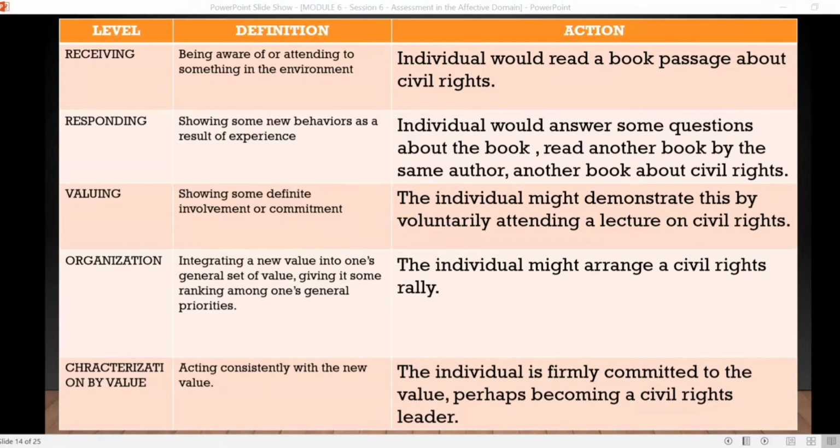Is that clear? That is one way of assessing the different levels. A test on values education, for example, is already the receiving level, awareness. It is different when they respond, different when they ask questions, different when they enact it.